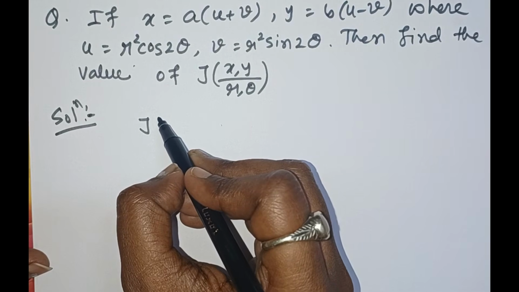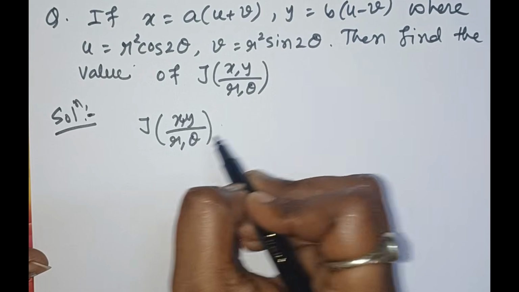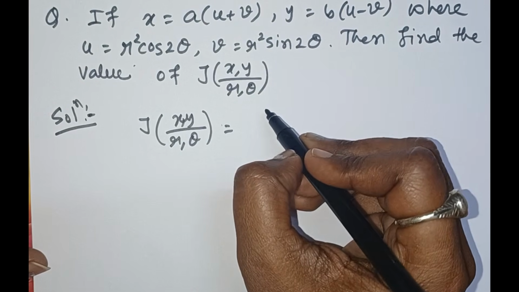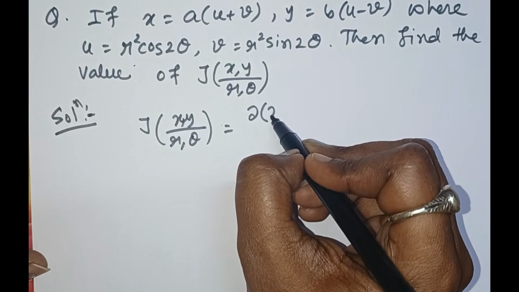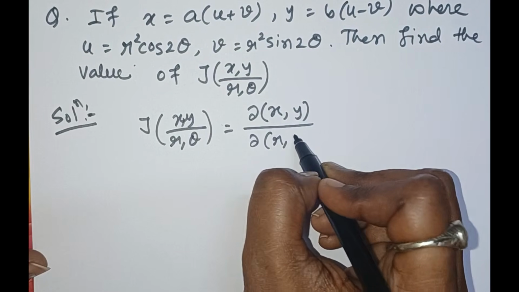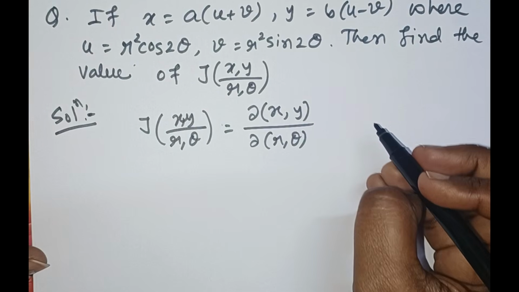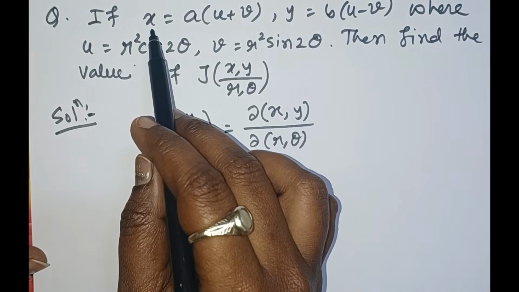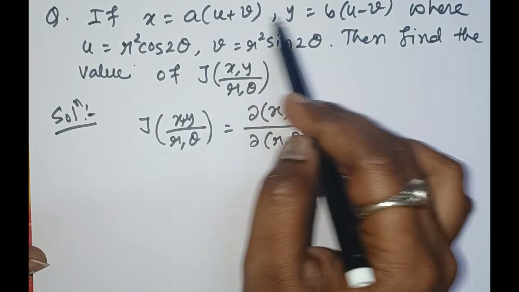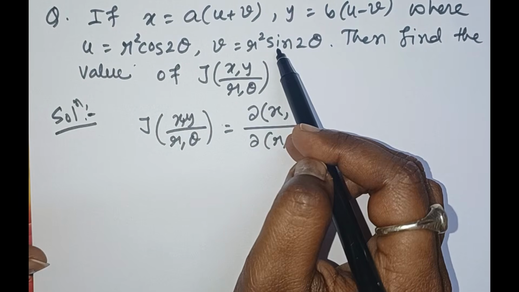So in this case, Jacobian of xy with respect to r theta is, you know, del xy over del r theta. Now if you see the question carefully, x and y are functions of u and v, whereas u and v are functions of r and theta.